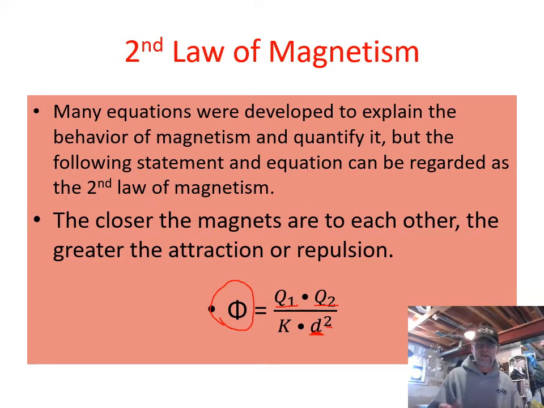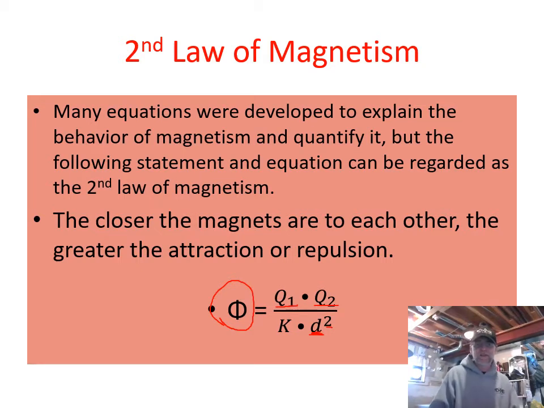So distance squared means that the farther apart the two objects get, the greater the change. And because it's in the denominator of the equation, as D gets bigger, phi gets smaller exponentially. So as the two bodies get further apart, or more specifically closer together, you get a significant change in the interaction between the two.